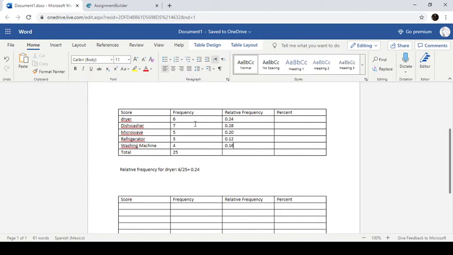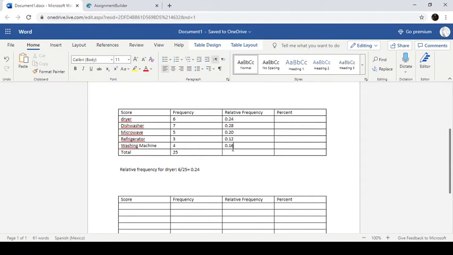Similar to how we added up all the frequencies and got 25 to make sure we got everything right, relative frequency, we can do kind of the same thing. So think about these as slices of pie. Okay? So like this slice right here is 6 pieces of 25ths. So it's 6 pieces of pie that were sliced in 25ths.